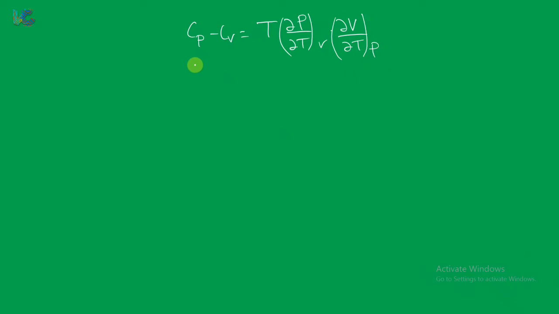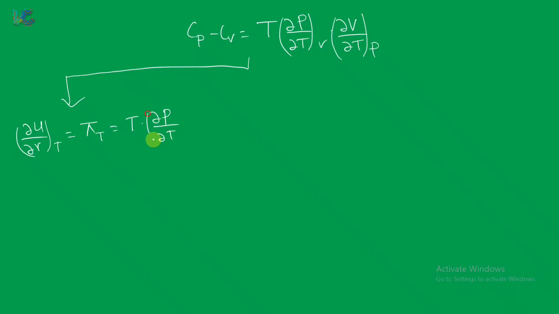Now what we will do, in one case we'll use the first thermodynamic equation of state. From the first thermodynamic equation of state, we get del U del V at constant T. Now this term we know, we write it as pi T, the internal pressure, which is equal to T into del P del T at constant V minus P. And in another case we will use the second thermodynamic equation of state.